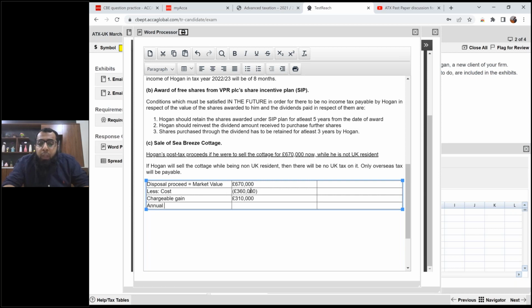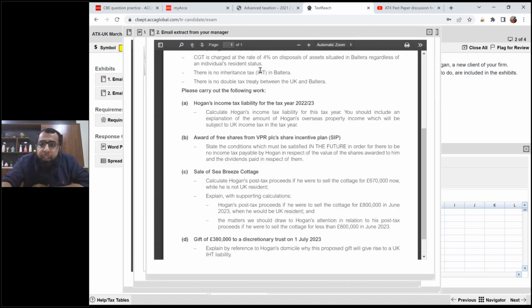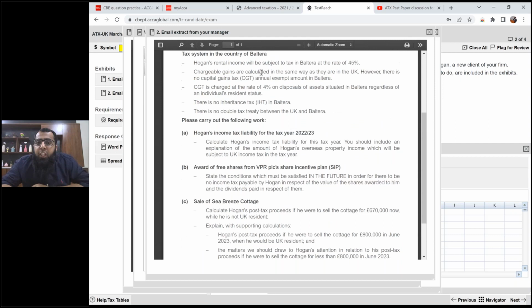Now, annual exemption. What will be the annual exemption? Will anyone tell me? The annual exemption is 0. Why is it 0? Because here it is written, chargeable gains are calculated in the same way as they are in UK. However, there is no CGT annual exemption amount in Baltira.